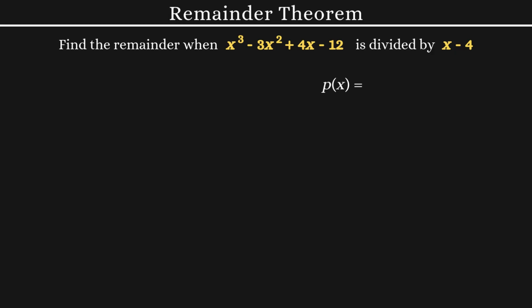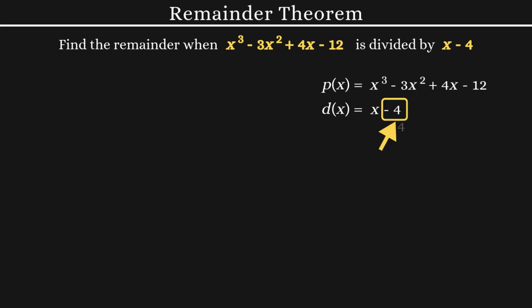P of x is x cube minus 3x squared plus 4x minus 12 and d of x is x minus 4. From the divisor, let's take the constant term minus 4.